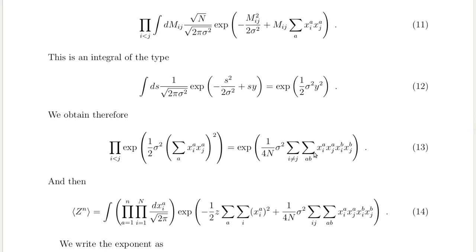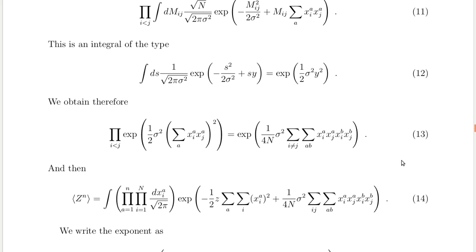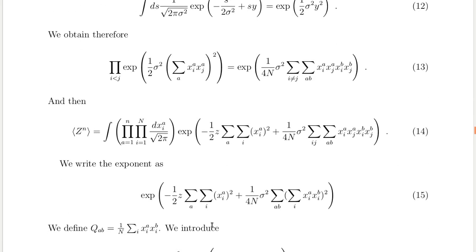There is nothing particularly deep here, it's just a Gaussian integral. Therefore we obtain that the average of z to the n is this expression. We have integrated over the randomness of the matrix, and we are left just with the integral over the degrees of freedom.